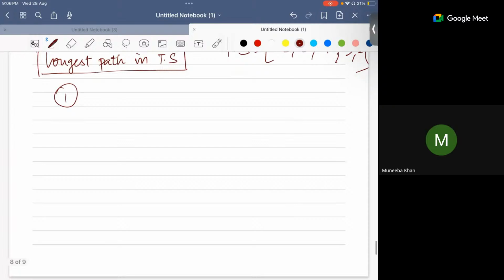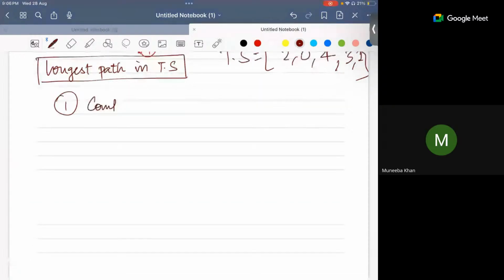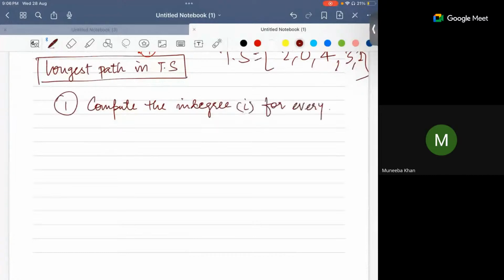Here the first step, again the same, compute the in degree for every vertex. And then initialize LPT, longest path to I, equals 0.